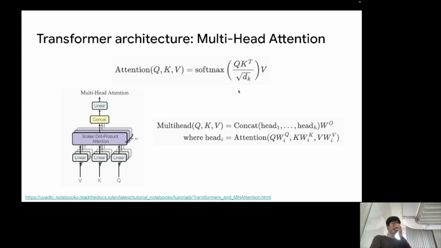Another important detail in transformer architecture is that they use multi-head attention. So you have attention like this, but you do this multiple times per layer. When there are, let's say, nine different heads, then you do the self-attention nine times like this. Head i is attention with different weights.